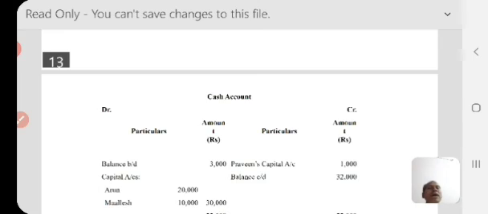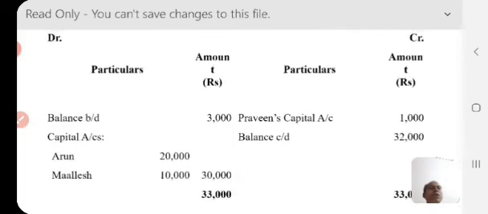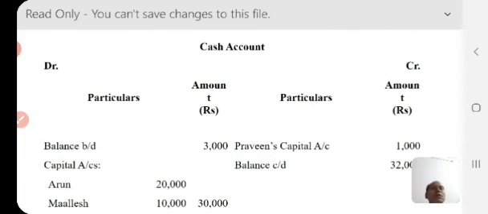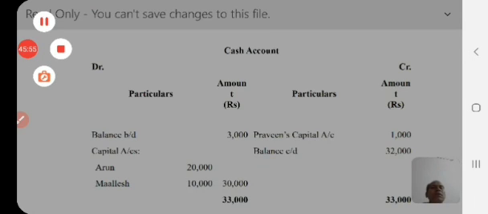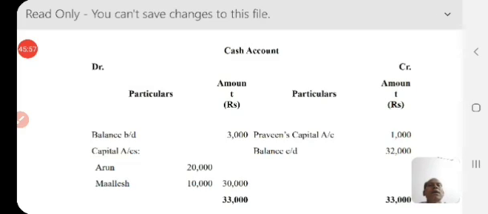So this is the cash account at last. I hope with this you have understood this problem clearly. Thank you all.